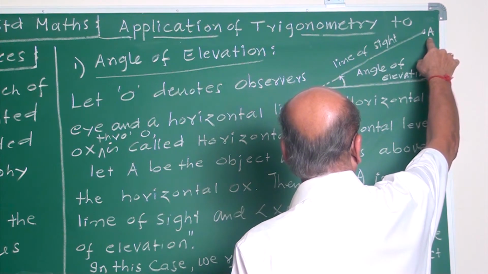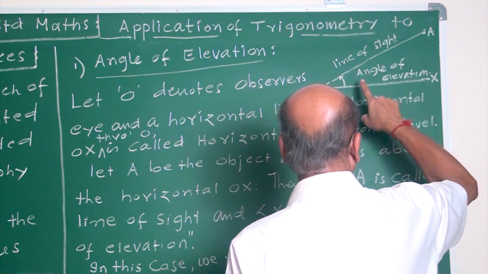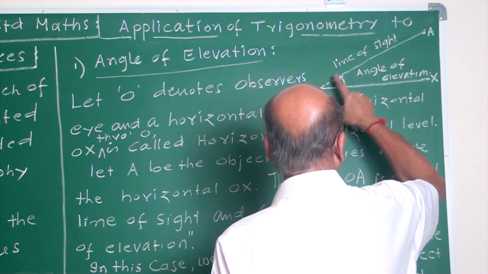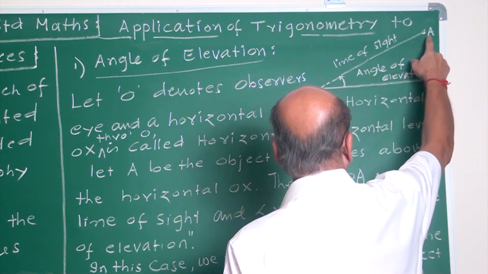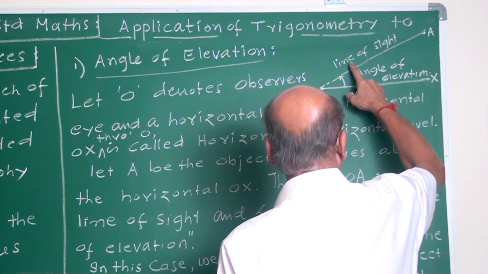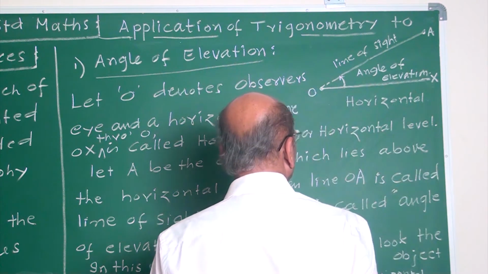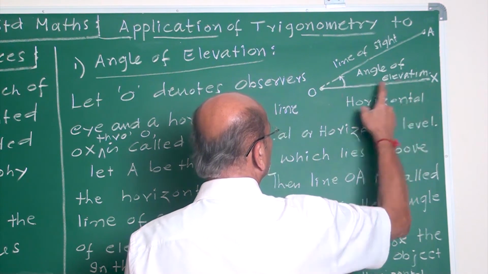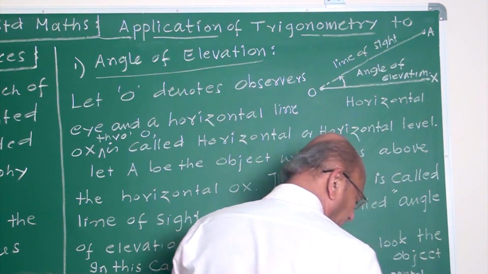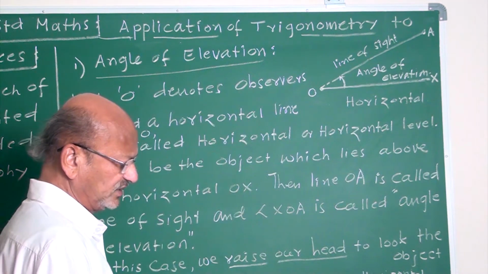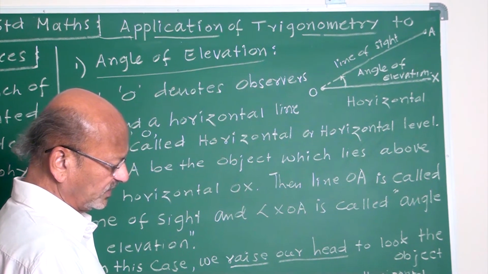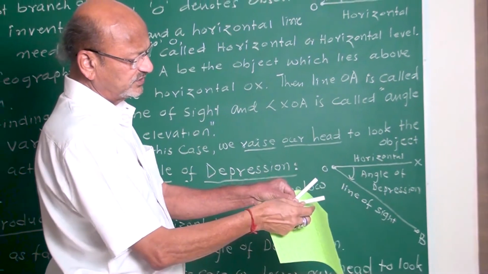If the object A is above the horizontal line, then the line segment OA is called the line of sight. Then the angle XOA, if the object is above, you have to raise your head like this.